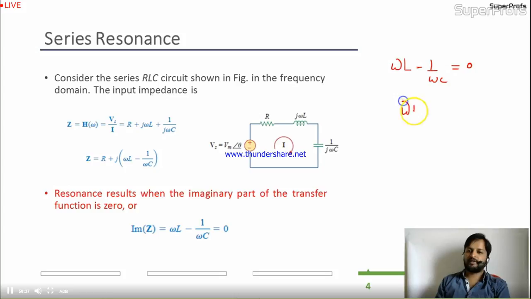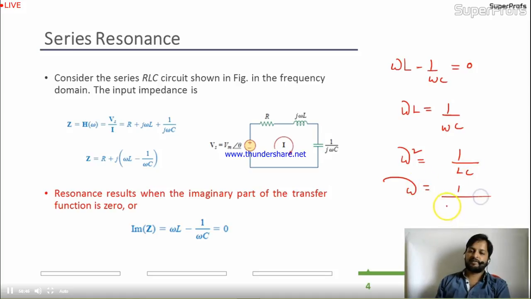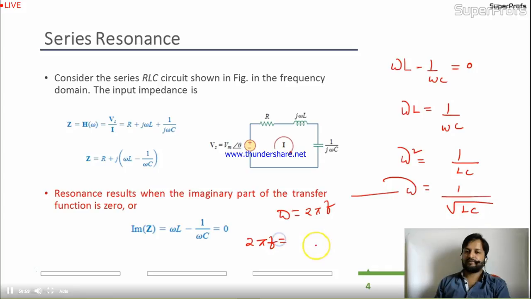When you solve it, omega L equals 1 by omega C, omega square equals 1 by LC, omega is nothing but 1 divided by root LC. You know omega is nothing but 2 pi f. So instead of omega, I'll put 2 pi f equals 1 by root LC.